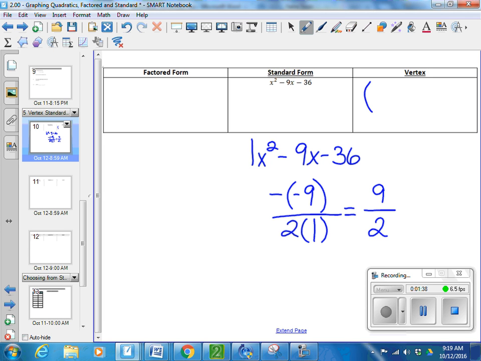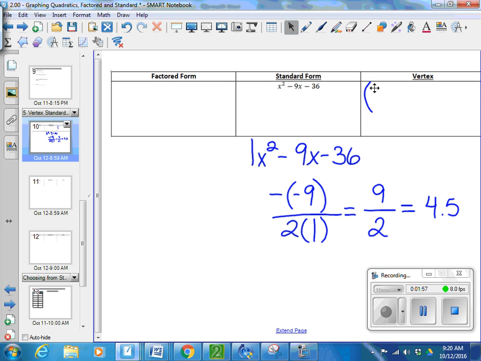Now, some students have a bias to decimals over fractions, so I'll keep that in mind. Some of y'all will probably say, oh, that's 4.5. So we'll use 4.5 as well.